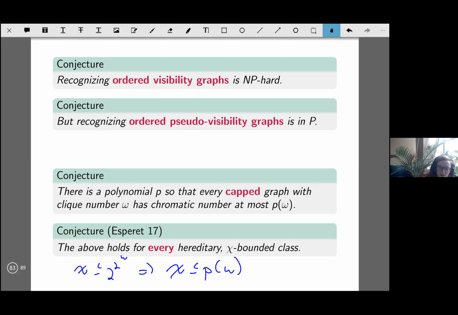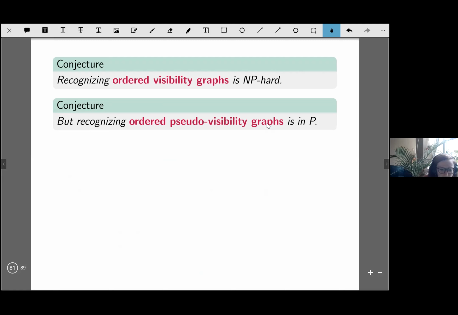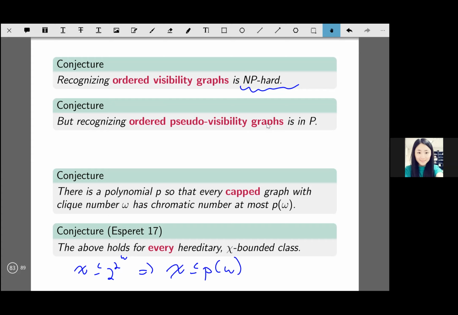So I guess that would suggest that maybe this conjecture at the top is actually in NP. Is that the suggestion? Oh, yes, I think proving NP-hardness is easy, but it's a long open problem whether the art gallery problem is actually in NP.